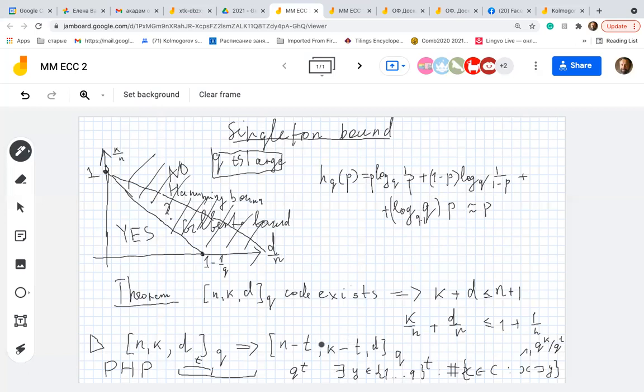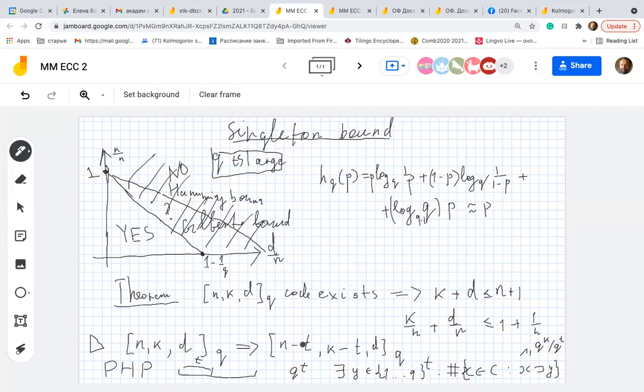But we will use a specific t. We will use the largest t for which k minus t is still positive, because we need that in the resulting code there are at least two different code words.